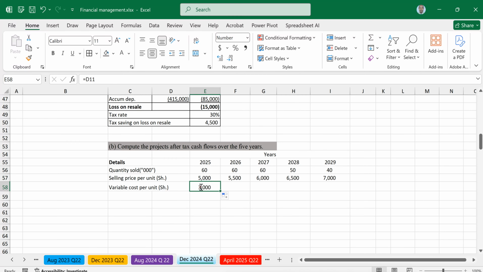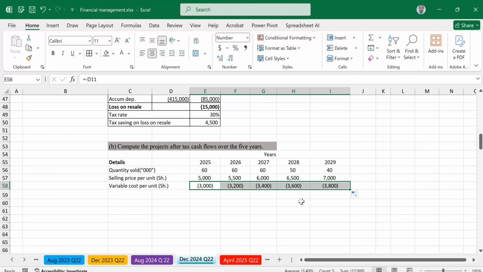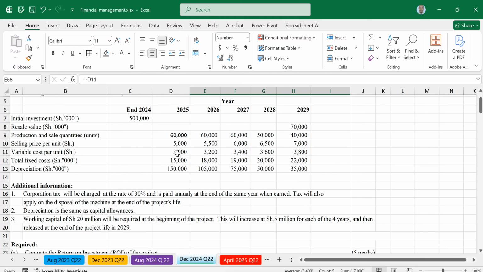And I want you to negate it. So equal sign negative and drag across. Same as what we have here. We've picked the 3,200, 3,000, 3,200, 34, 36, and 38. That's the variable cost per unit.